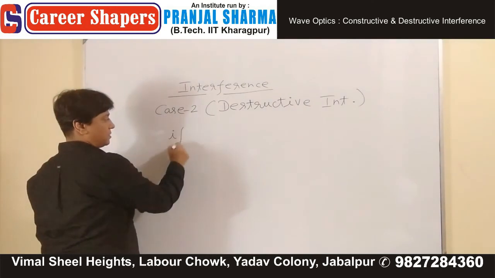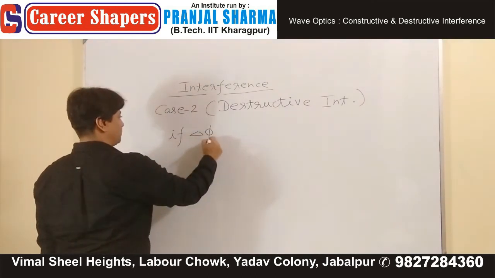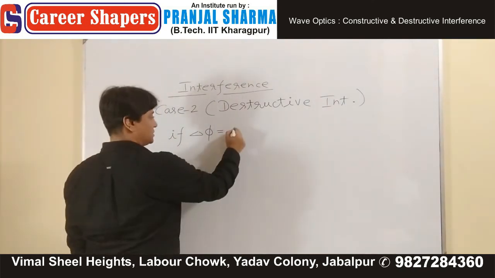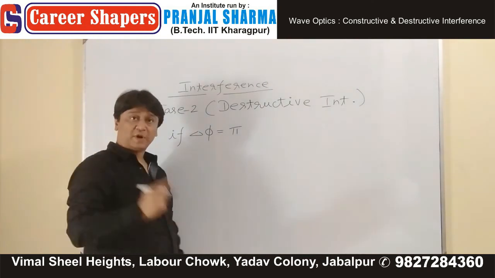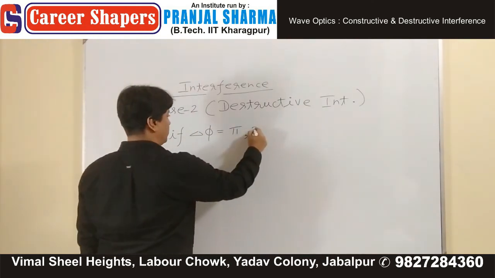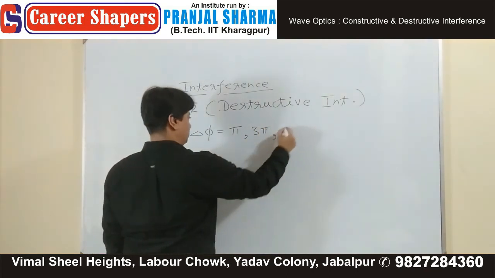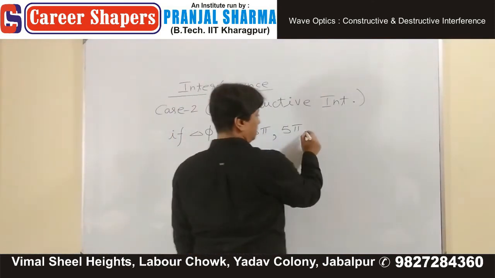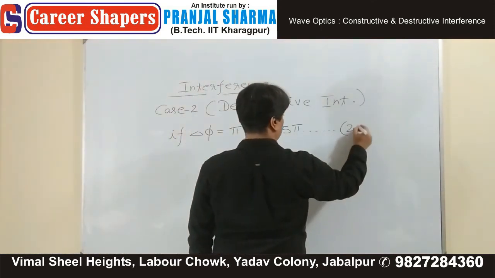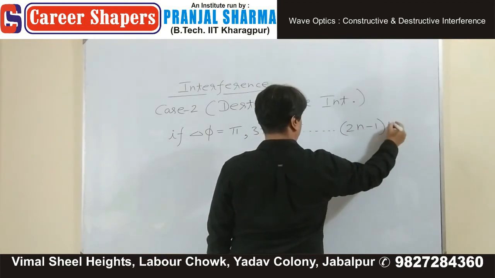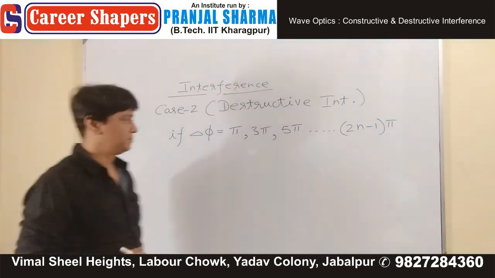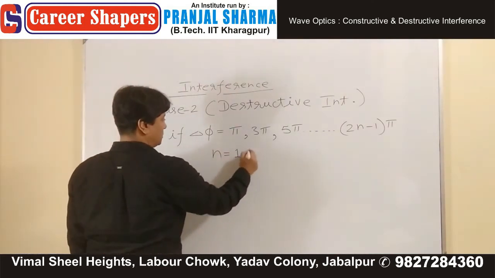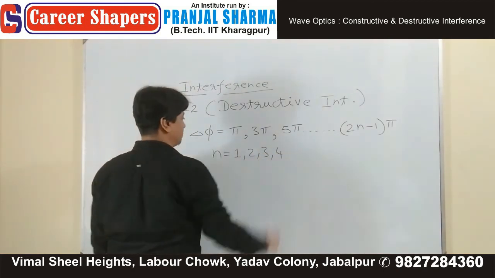If delta phi, instead of being 0, 2 pi, 4 pi, is pi, 180 degrees, 3 pi, 5 pi, in general 2n minus 1 times pi, where n is again 1, 2, 3, 4.